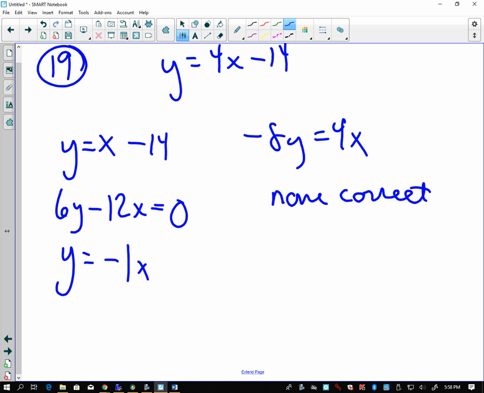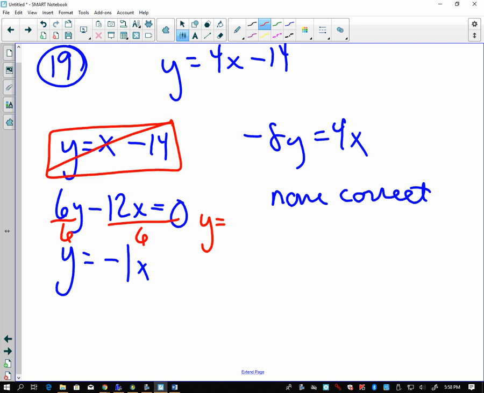With this, you've got to convert all these to slope-intercept form. This one here is already slope-intercept form, and because it is not 4x in terms of its slope, it's not going to be that. For the next one, I would add 12x to the other side, so I'd get 6y equals 12x plus 0.